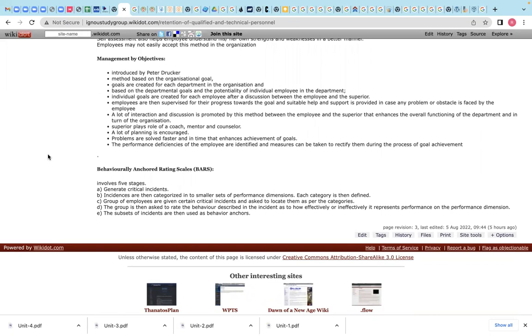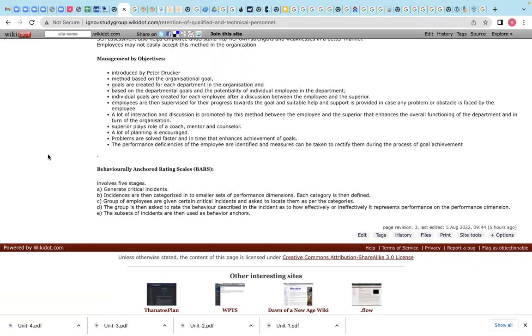The supervisor plays a coach kind of role, coaching you continuously. Planning and other things come as part of this, and problems are immediately addressed. You are not waiting for a performance problem to be discovered in an appraisal six months down the line. You are coaching the employees as the progress is being made. That is management by objectives.